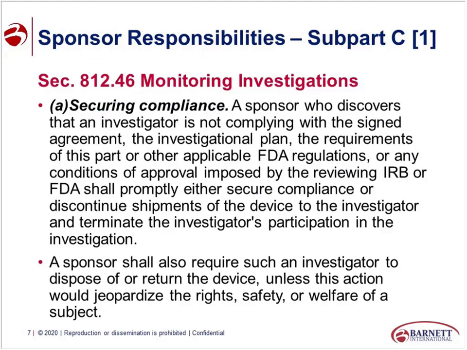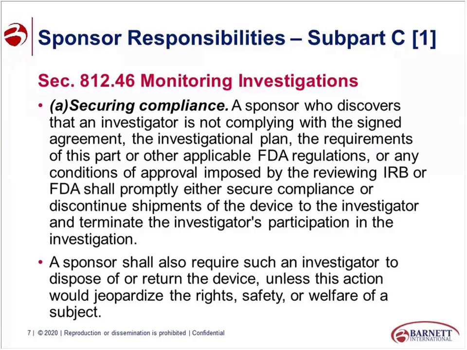So specifically here on this slide, we see the documentation from the regulations. 21 CFR 812.46 says that for monitoring of investigations, the monitor or sponsor needs to secure compliance.